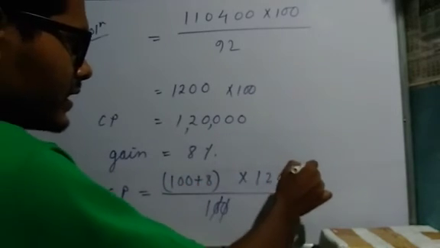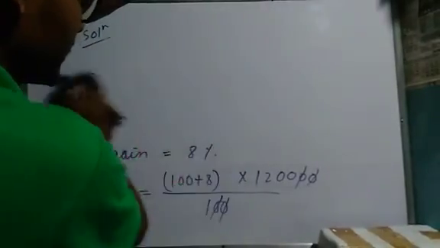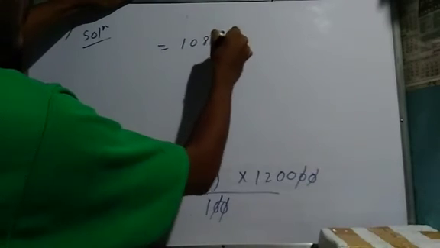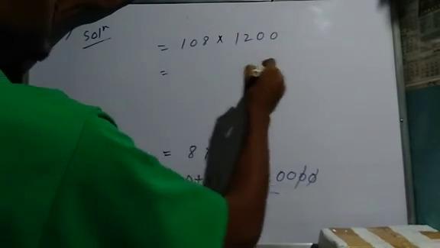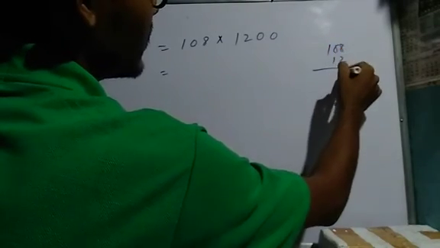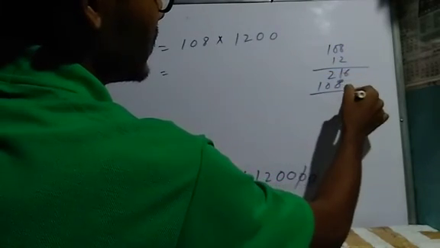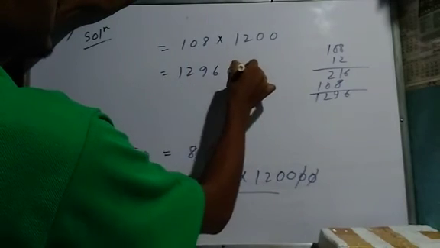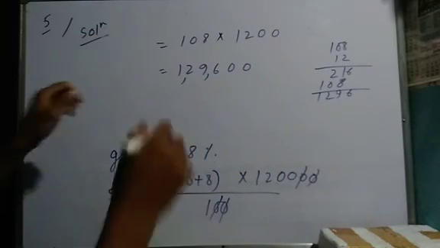So cancel 00. It will be 108 multiplied by 1200. So 108 multiplied by 12 is how much? 129600. 1,29,600. So this is your answer.